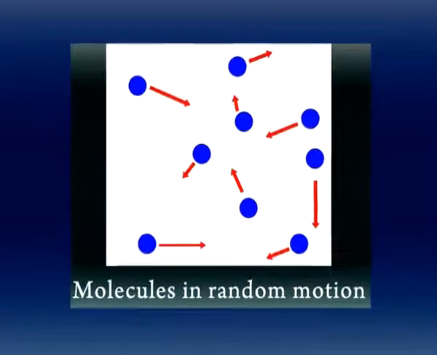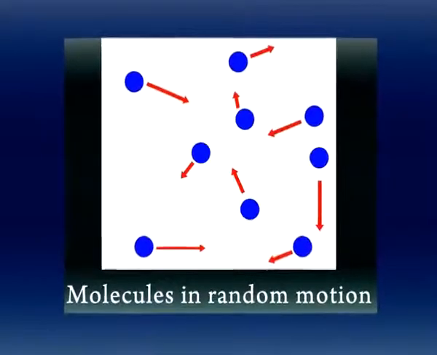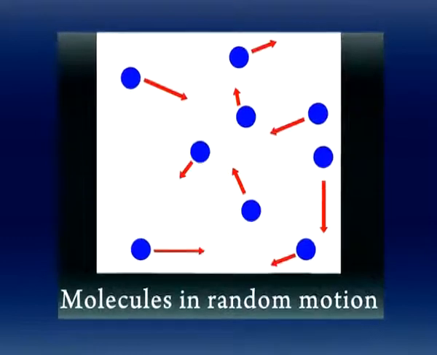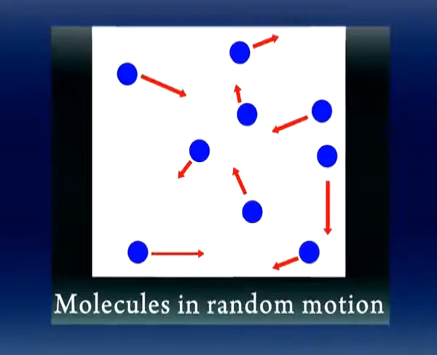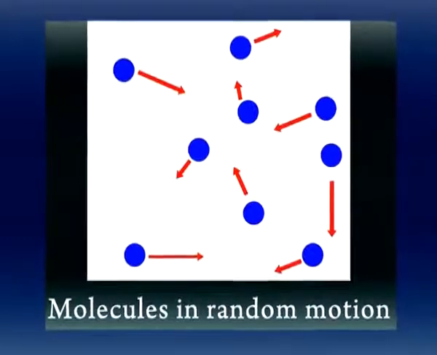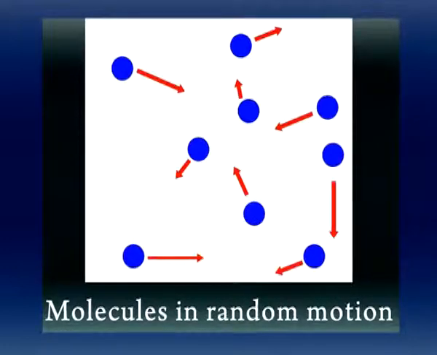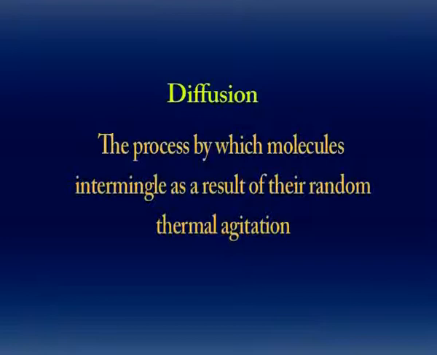Diffusion occurs because the molecules in gases and liquids are in continuous motion, colliding with one another and exchanging kinetic energy. Diffusion is the process by which molecules intermingle as a result of their random thermal agitation.